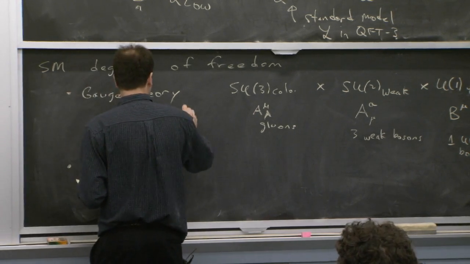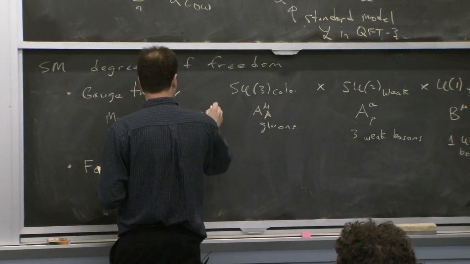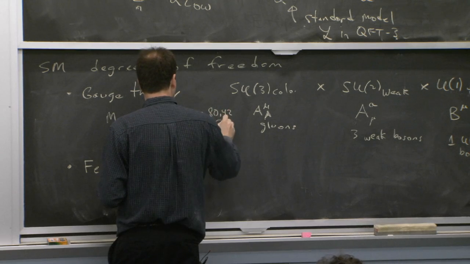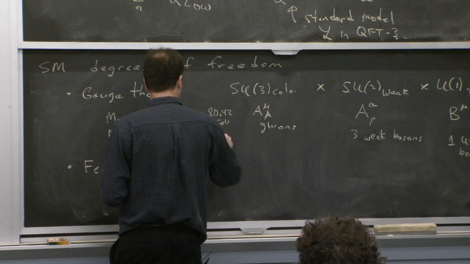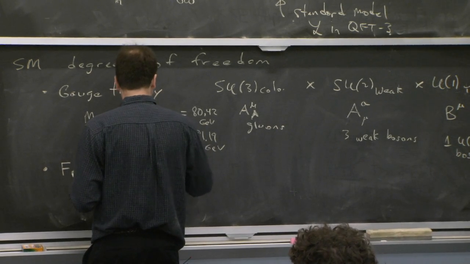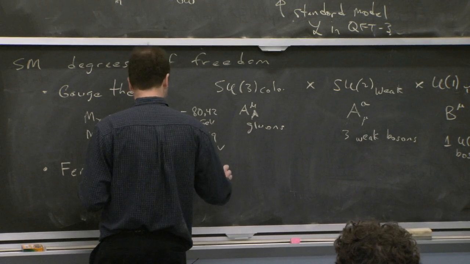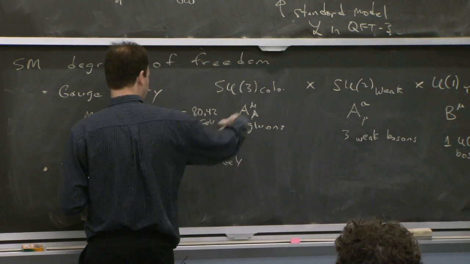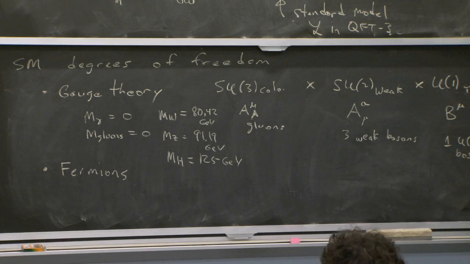And then there's the mass of the W, 80.42 GeV. The mass of the Z, 91.19. And for the first time in me teaching this course, we also know what the mass of the Higgs is. So that's not part of the gauge theory, but I'll just list it there as well since it doesn't fit in with the fermions.